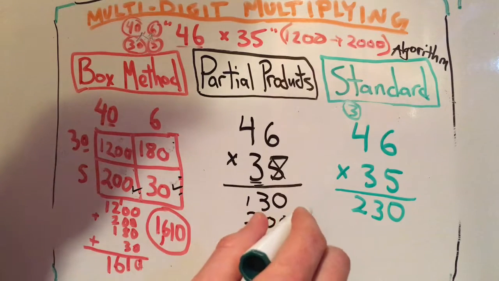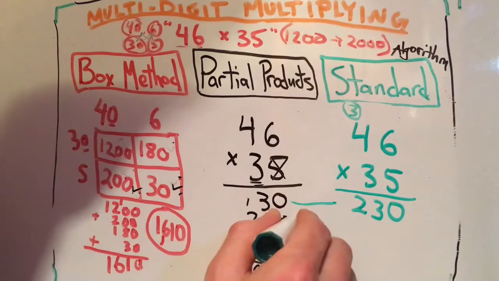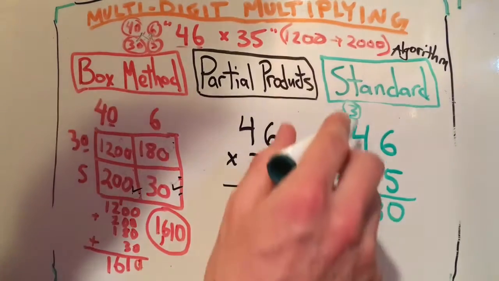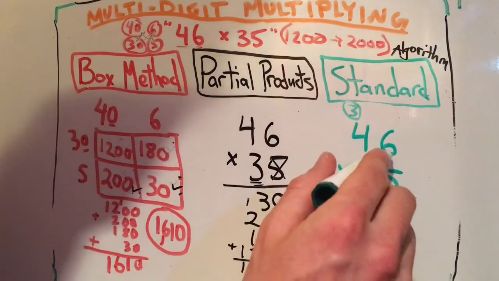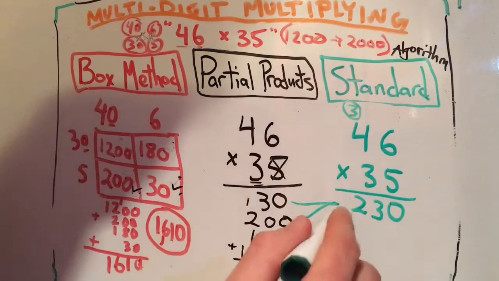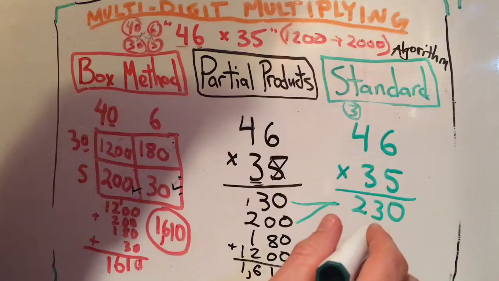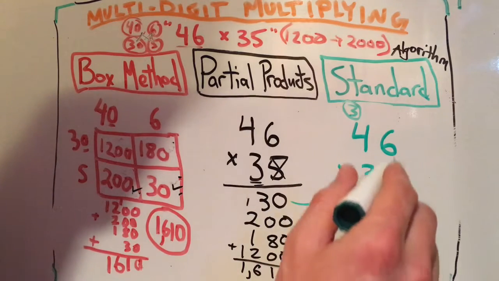You can see here we've just added the 30 and the 200 onto the same row. We've kept track of that by carrying the 3 from the 6 times 5 equals 30. We carry the 3 into the tens column, and we added it in at the end of our 40 times 5 multiplication.